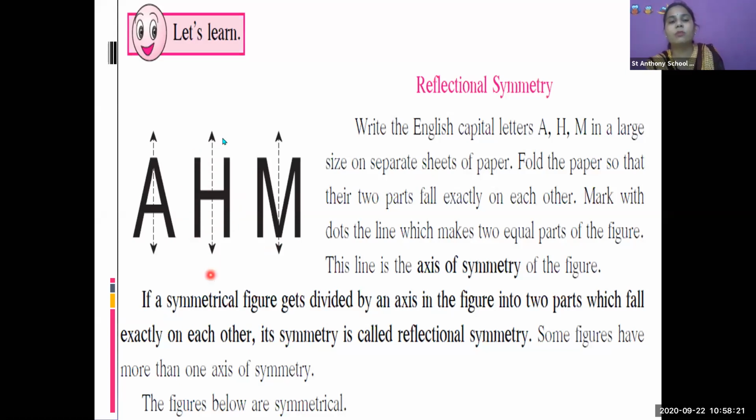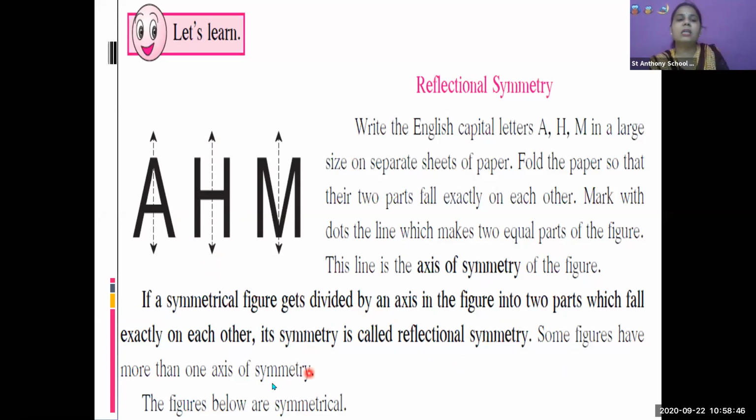When we draw an axis of symmetry through the middle of the figure, and the figure falls on itself exactly, that is known as a symmetrical figure. So if a symmetrical figure gets divided by an axis in the figure into two parts which fall exactly on each other, its symmetry is called reflectional symmetry.